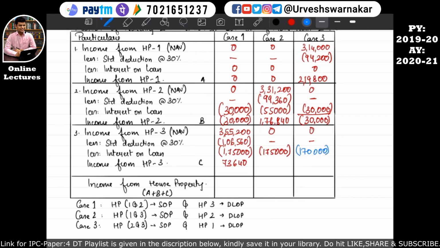So finally we need to club the incomes, okay. So let's do that, okay. So the income of house property 3 in case 2 is 1,75,000, that is negative. In case of house property 3 in case 3 it is minus 1,70,000, okay. So let's club, okay. What we need to club? This and this.